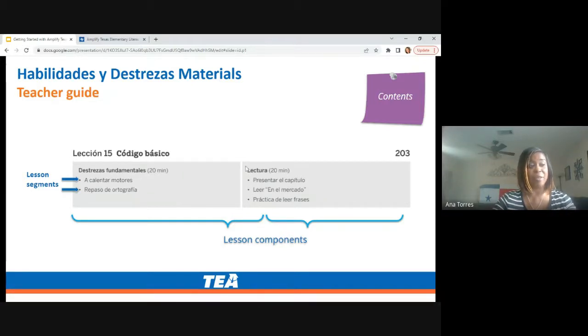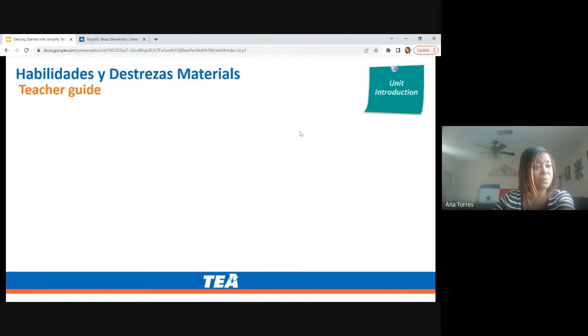So in the lesson component of lectura, these will be your 3 lesson segments. And in the foundational skills here, calentar motores, which is your warm-up, repaso de ortografía, which is just review of spelling. So that's how you would look at that and read that and synthesize that information.